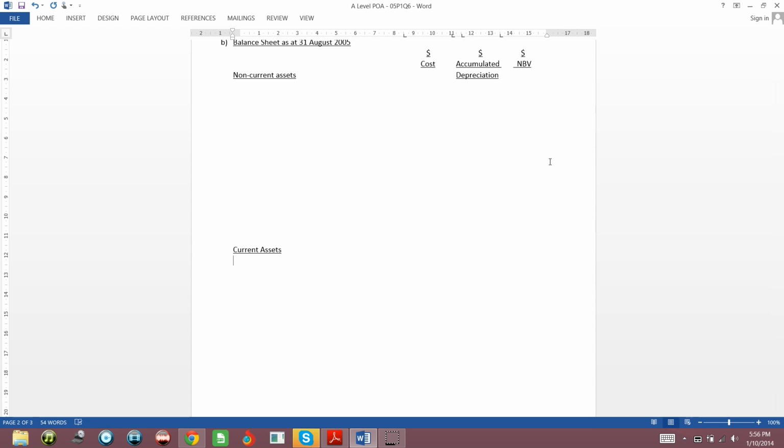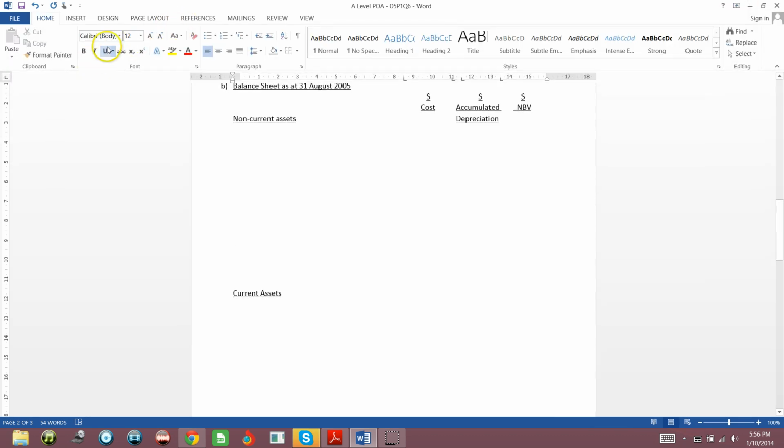So I'll put trade debtors here, under current assets. What is the figure for trade debtors? 23,400. Then now there's trade creditors.